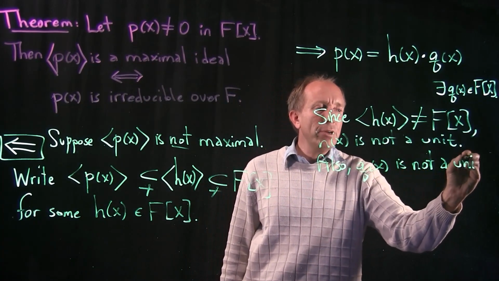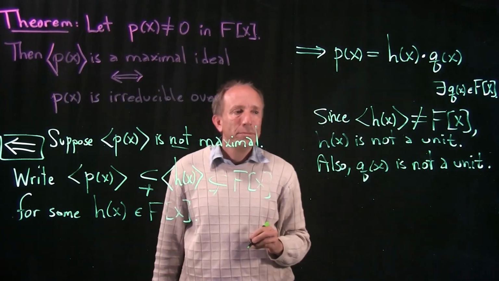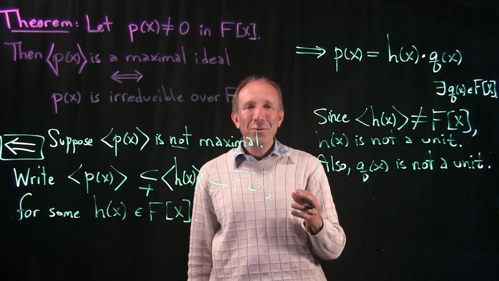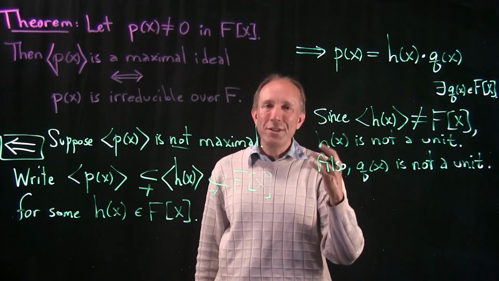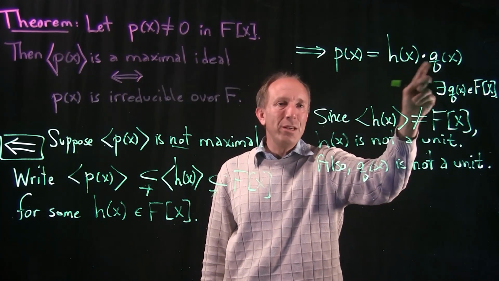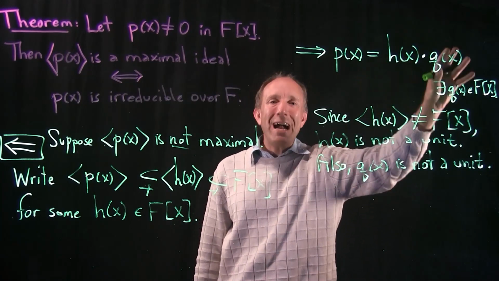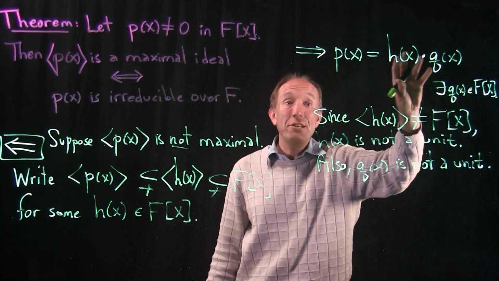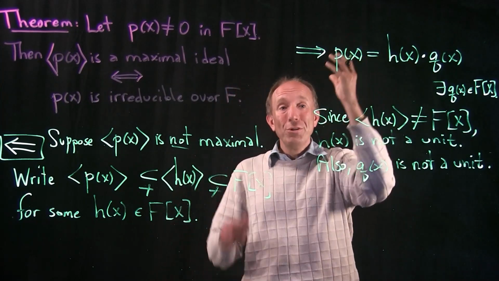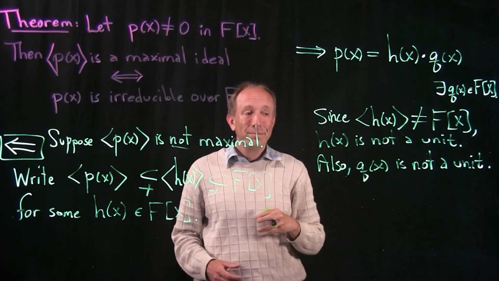When I say not a unit, I mean not constant. The only units in this scenario would be non-zero constant polynomials. And neither one of these two things is going to be a unit, which means you have not factored this polynomial p of x in a trivial manner. It's a legit reducible expression for p of x.